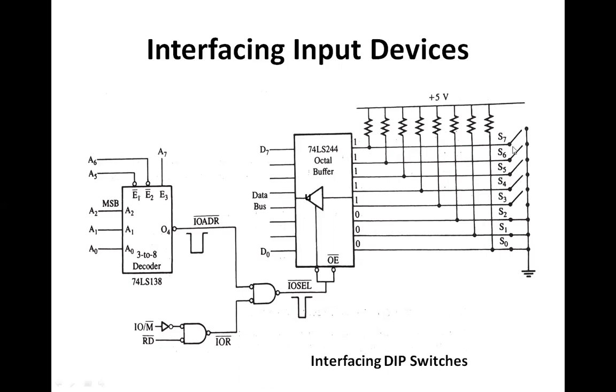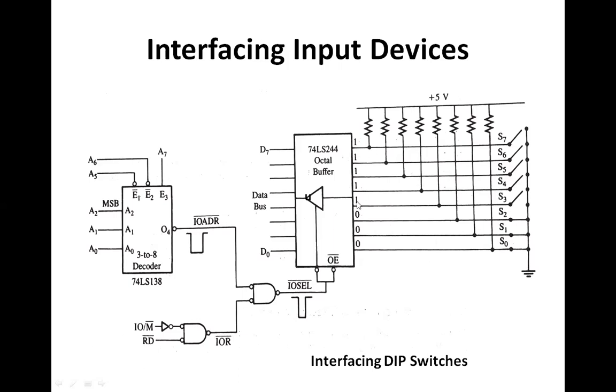Now when the switch is closed, it has a logic 0. When the switch is open, it is at logic 1. So when it is open, it represents plus 5 volt. When it is closed, it represents 0 volt.